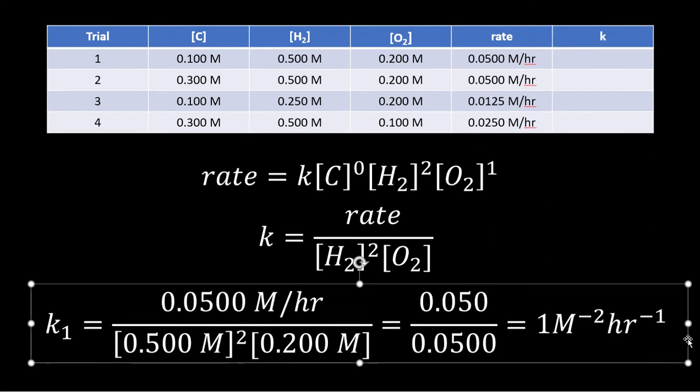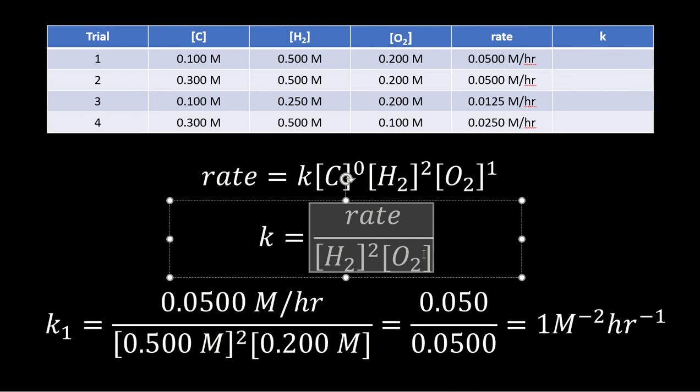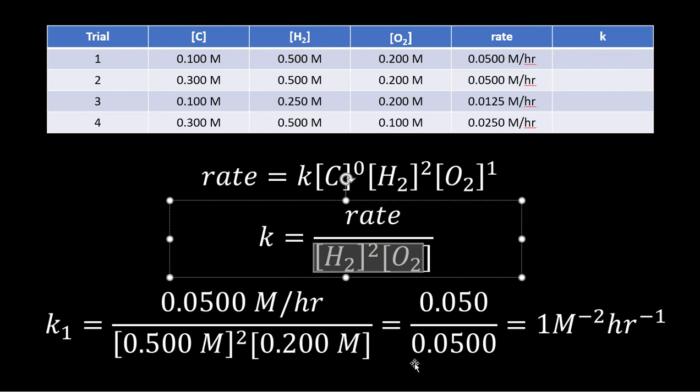When it comes to the rate constants, you will be asked to give the units of the particular rate constant. Depending on the number of reactants, and also the rate order of each particular reactant, the units will end up being different.